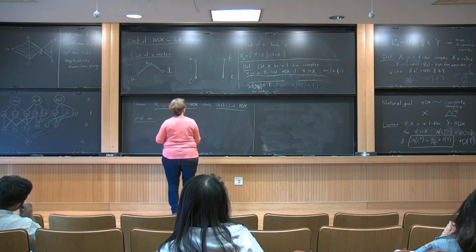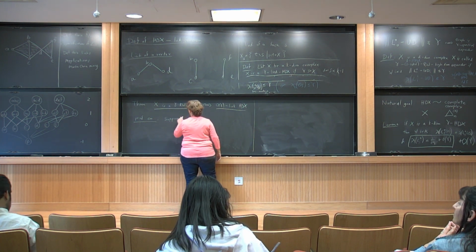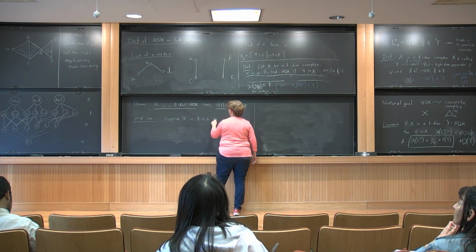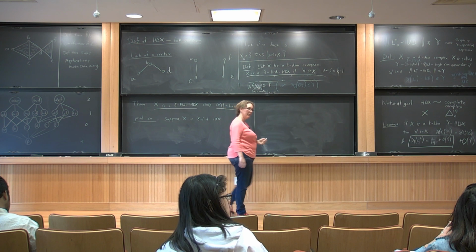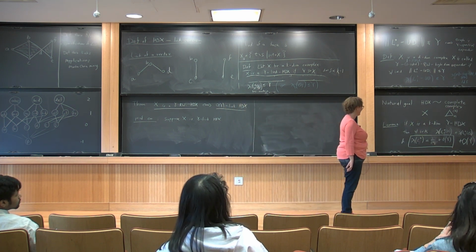So I want to show, suppose X is a gamma link HDX. Yeah, this gamma, when you write it, is it in absolute value or not in absolute value?